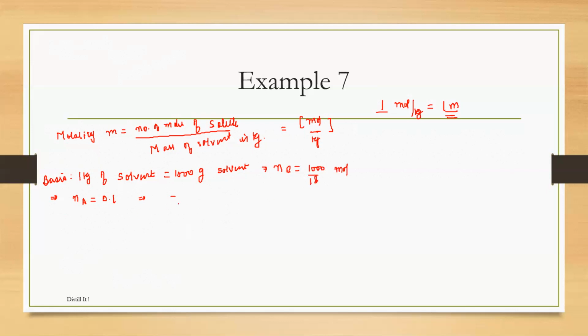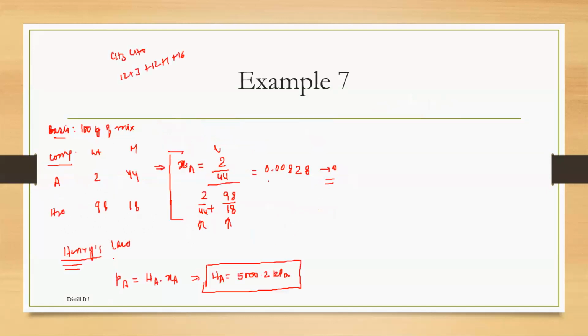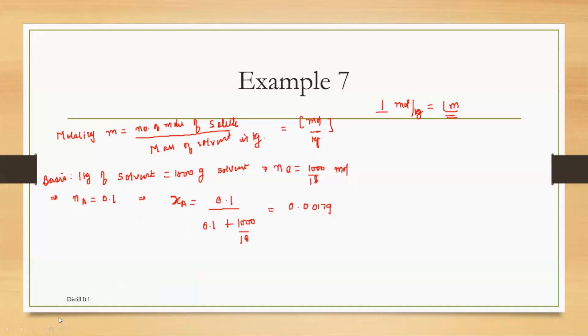Hence, mole fraction of A is going to be 0.1, that is moles of solute, upon 0.1 plus 1000 by 18. All right. So from this, we'll get mole fraction of A is equal to 0.00179.